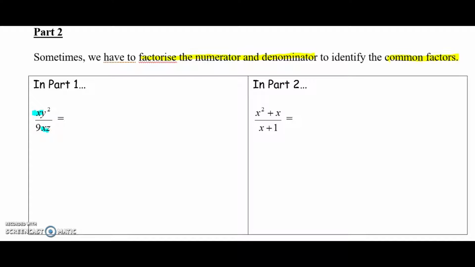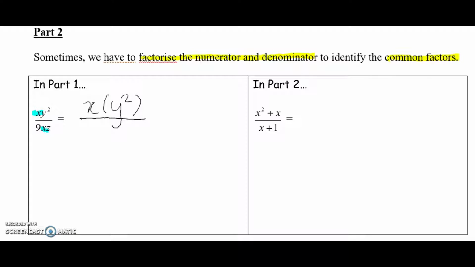So let us rewrite this common factor as the product of the rest of the factors. Therefore, for the numerator, I will have x multiplied by y squared, which gives us xy squared.